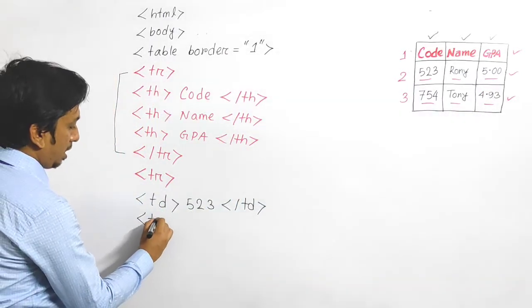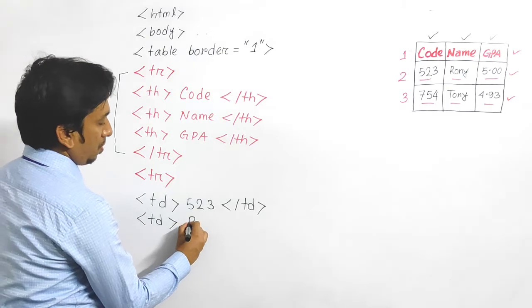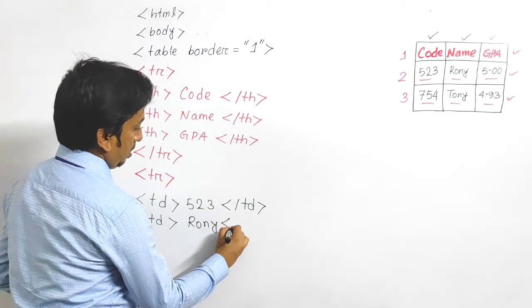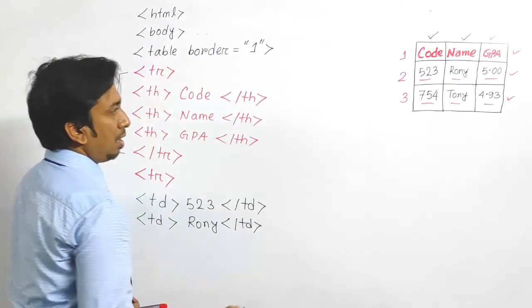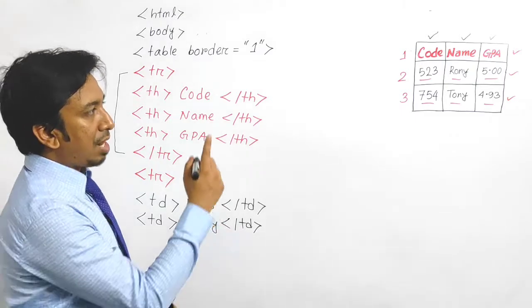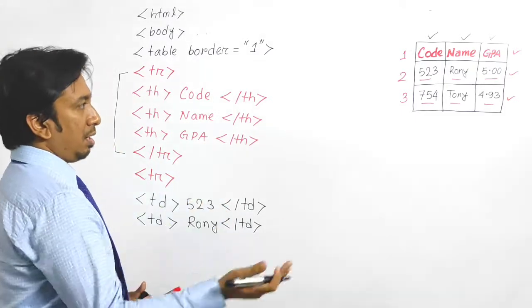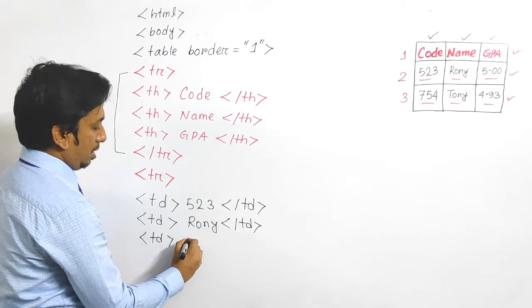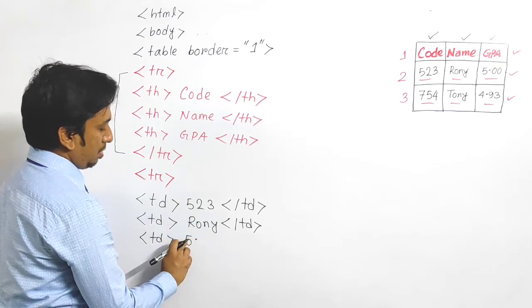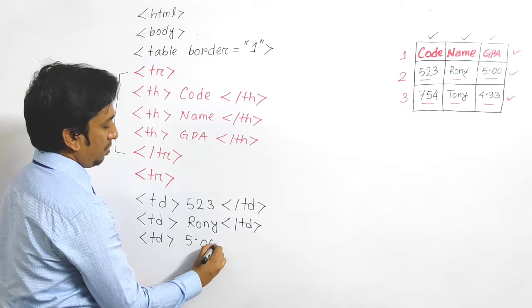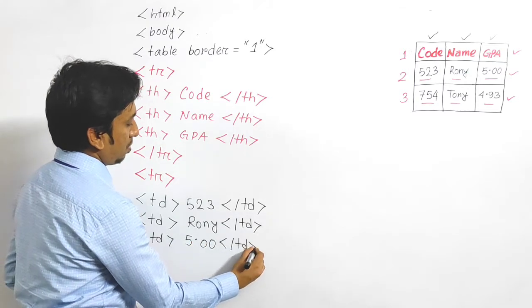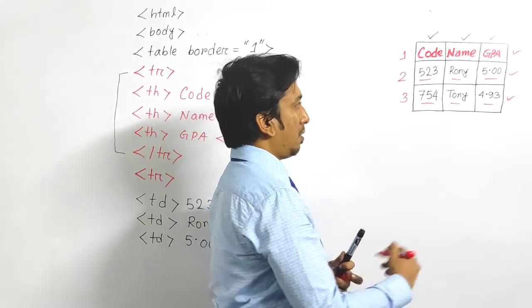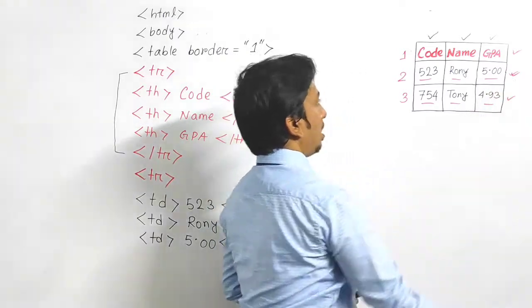So write Ronnie, then TD close, and then finally you can see 5.00 after Ronnie, another data. So write again TD 5.00 and TD close. So here you can see our second row again completed.